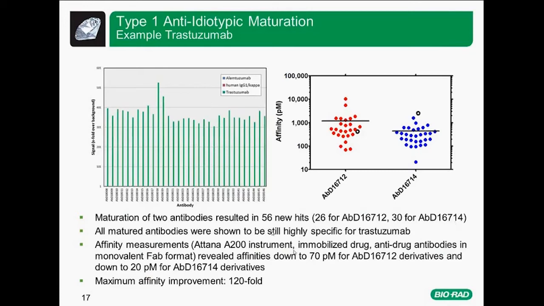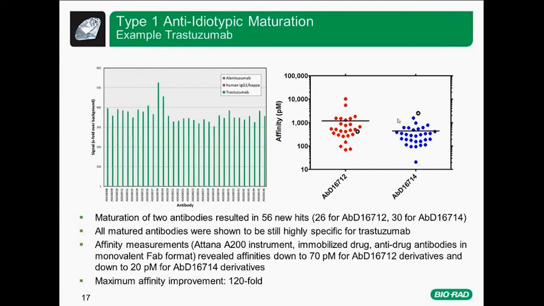All matured antibodies are still highly specific for Trastuzumab, as shown in the ELISA, and the affinities of the derivatives are now down to 70 picomolar for the ABD 16712 derivatives, and even down to 20 picomolar for the ABD 16714 derivatives. So the maximum affinity improvement in this maturation was 120-fold.